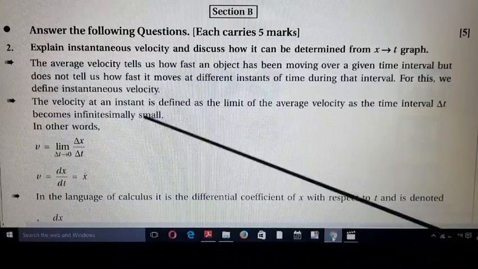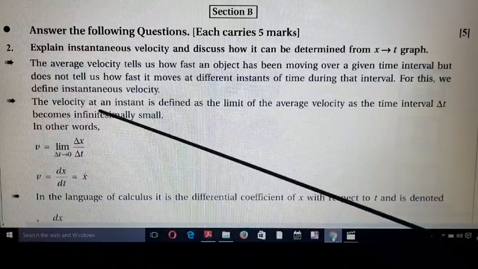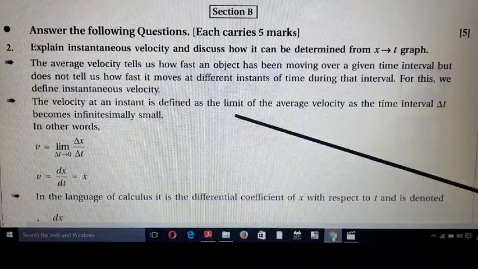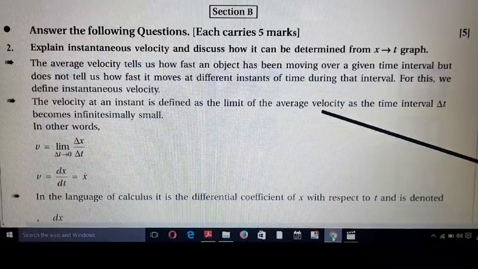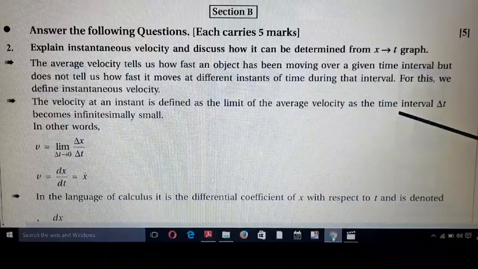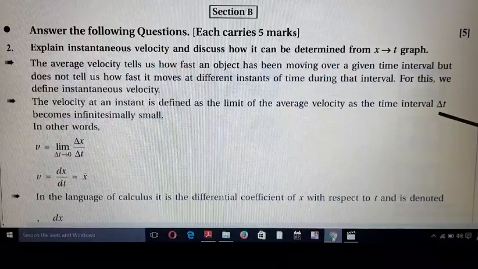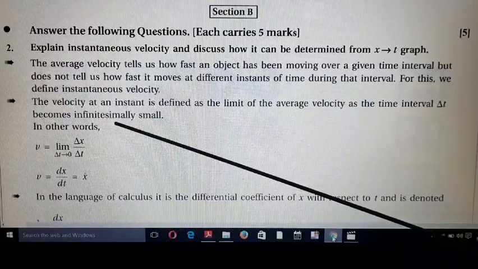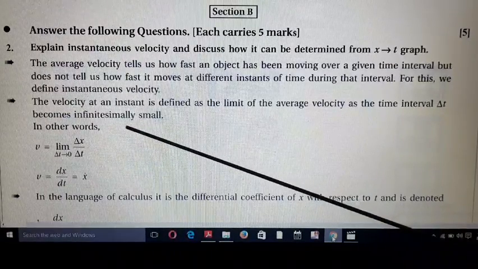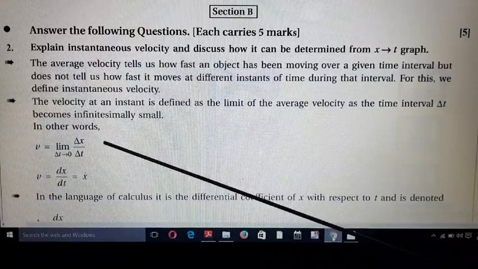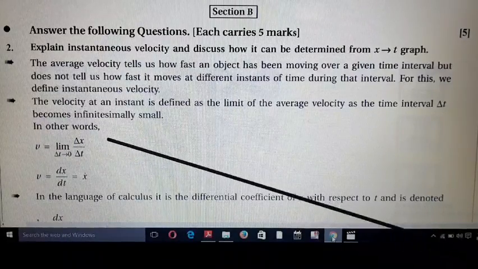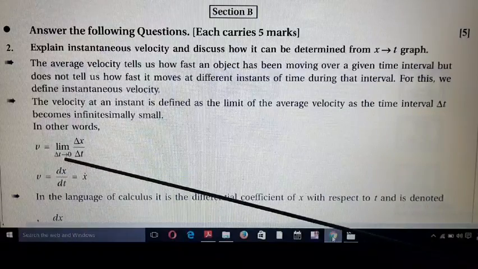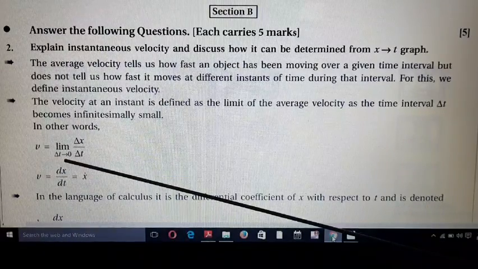Friends, velocity at an instant is defined as the limit of average velocity as the time interval, denoted by delta t, becomes infinitesimally small. In other words, here we can write in mathematical form v is equal to limit delta t tends to 0.